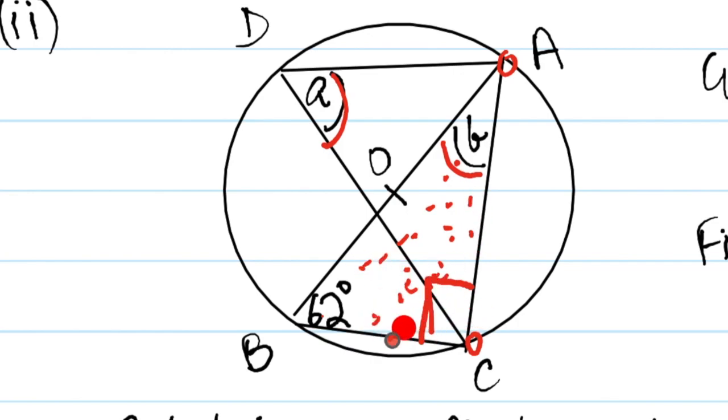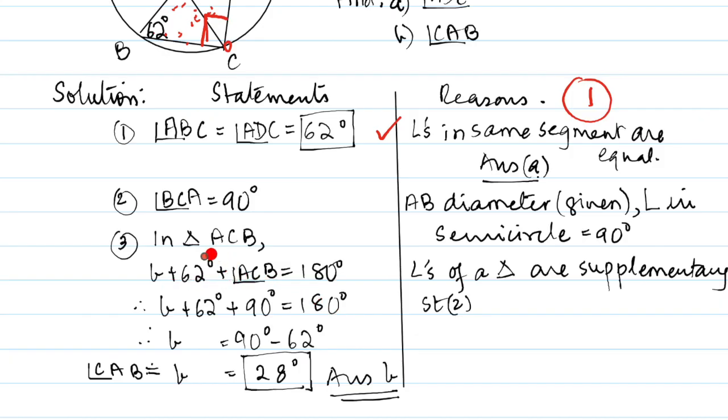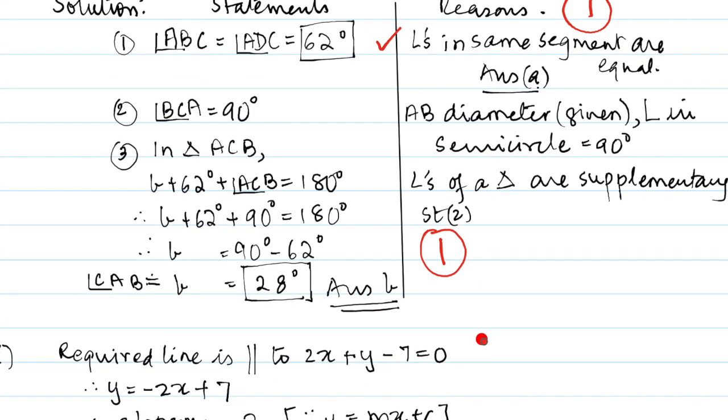And we will say 90 plus 62 plus B will be 180 degrees. Okay, can you see that in triangle ACB? Because angles of the triangle are supplementary. So to get this answer will be another mark. So that will be a 2-mark question. Let us come to the third part.